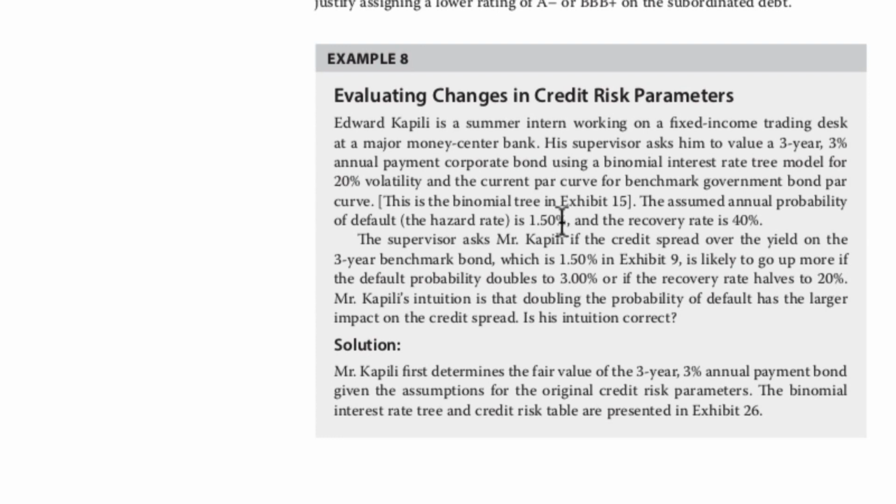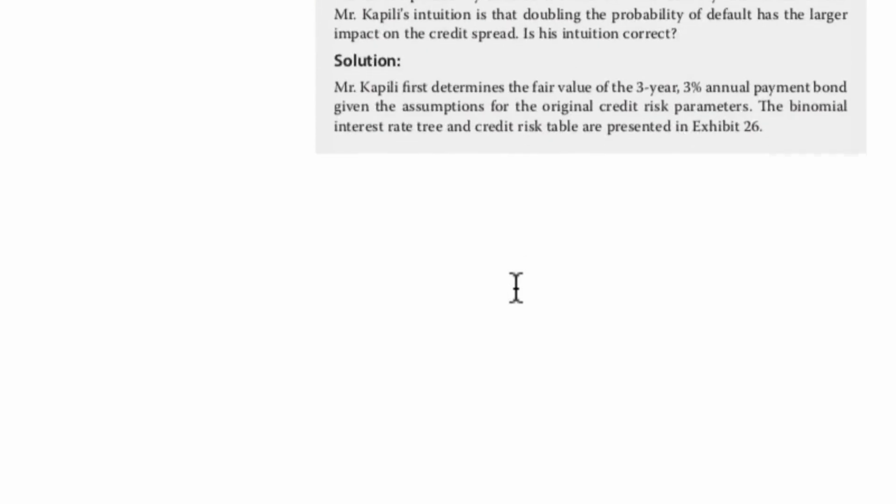You have a bond with a default probability of 1.5%, recovery rate of 40%. Which would have the greater effect: going from 1.5% probability to 3% probability, or going from 40% recovery down to 20% recovery? Let's see what we have here. Mr. Capilli's intuition is that doubling the probability of default has the larger impact on the credit spread. Is his intuition correct? So let's scroll down.